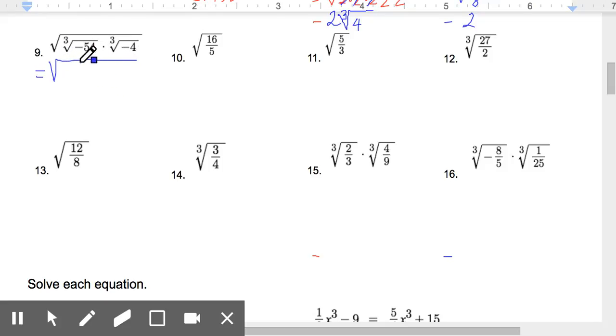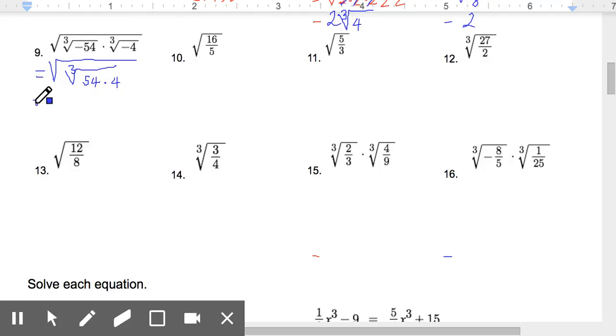The cube root of negative 54 times the cube root of negative 4 is going to be the cube root of negative 54 times 4. We can just write it as 54 times 4, because negative times negative becomes positive.